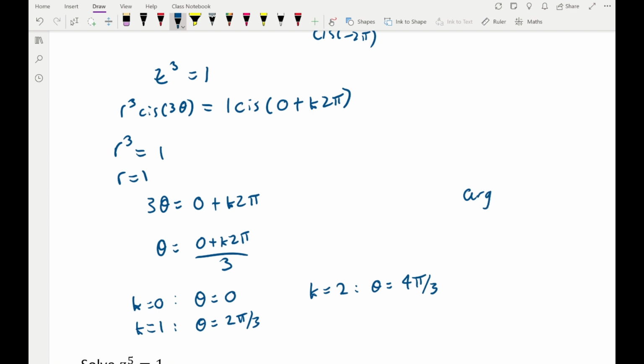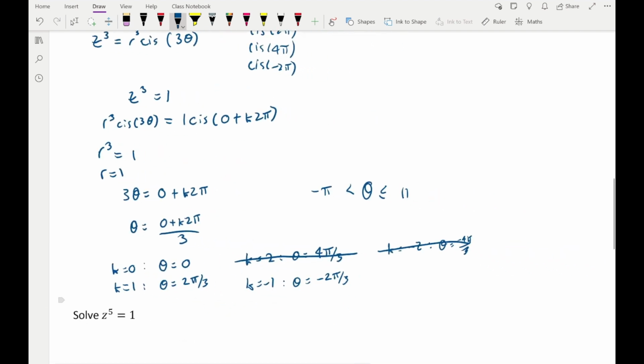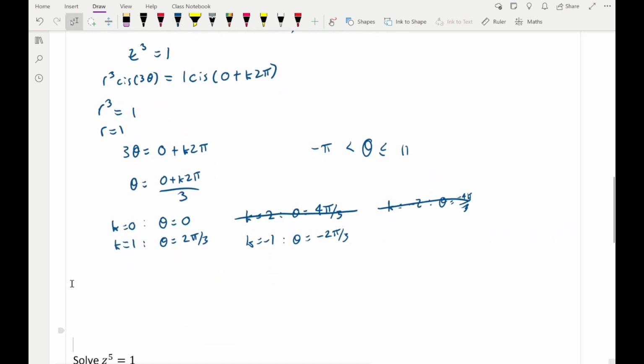But given that our theta always has to be between minus pi and pi, that's banned because 4 pi over 3 is bigger than pi. But if k equals -1, I get theta equals -2 pi over 3, which is good. If k equals -2, again we have that issue: theta equals -4 pi over 3, which is banned. All right, so we found 3 answers.